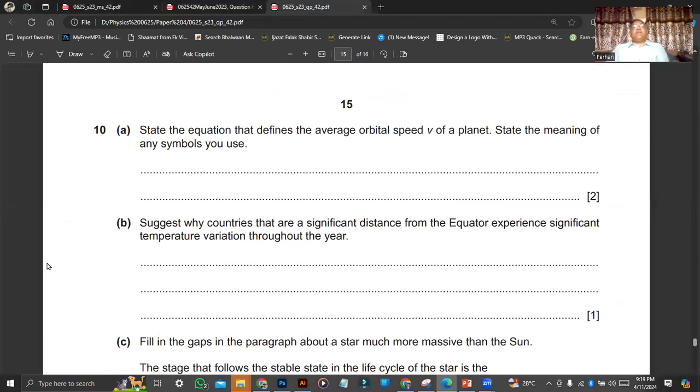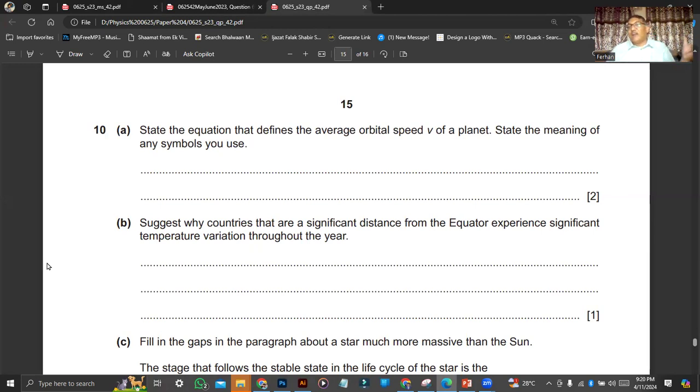Okay, so let's go to the B part. Question number 10, B part. Suggest why countries that are a significant distance from the equator experience significant temperature variation throughout the year. You see, the Earth is tilted as it spins around its axis. So for countries at a significant distance from the equator, the angle at which the rays of the sun strike those countries varies throughout the year.